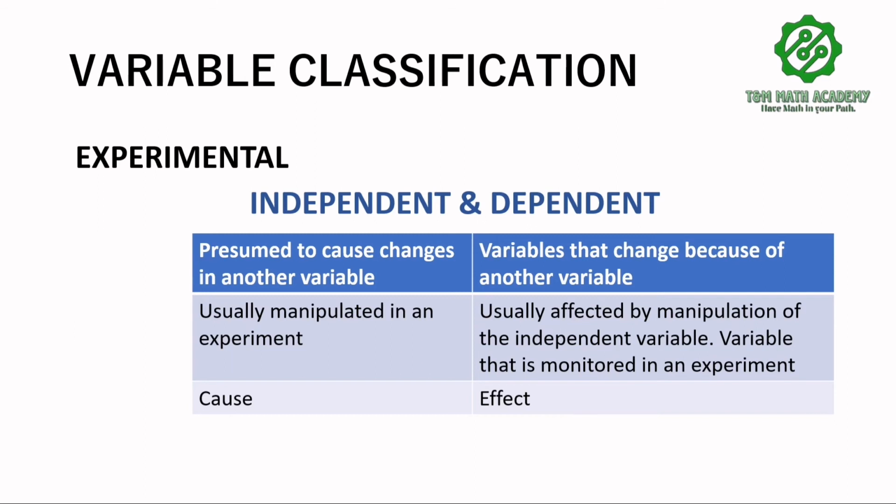So to simplify, pag sinabi nating independent variable, ito yung nagiging dahilan kung bakit nagbabago yung tinatawag nating dependent variable. Pag sinabi naman nating dependent variable, ito yung mga variables na nagbabago because of the independent variable. So, nakadepende ang magiging value ng dependent variable sa kung ano yung value ng independent variable. Okay?